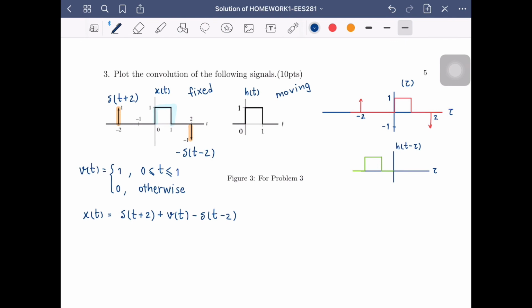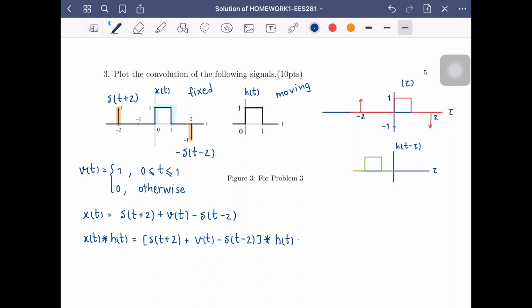Next, we need the convolution of x(t) with h(t), which will be equal to delta of t plus 2 plus v(t) minus delta of t minus 2, convolved with h(t).